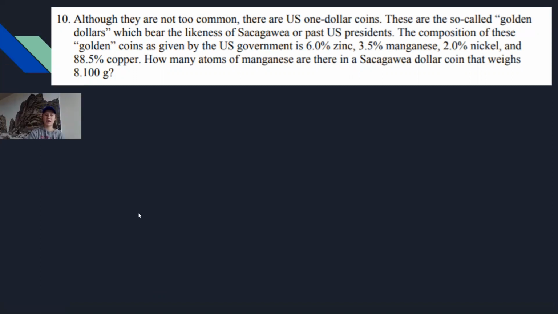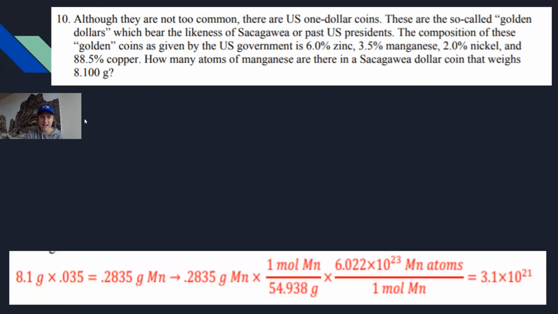All right, so here we just need to take our 8.1 grams and multiply it by the 0.035% manganese, because 8.1 grams is our coin, right? And we're trying to find the percent composition, well, it gives us the percent composition, but we need to find how many atoms of manganese.